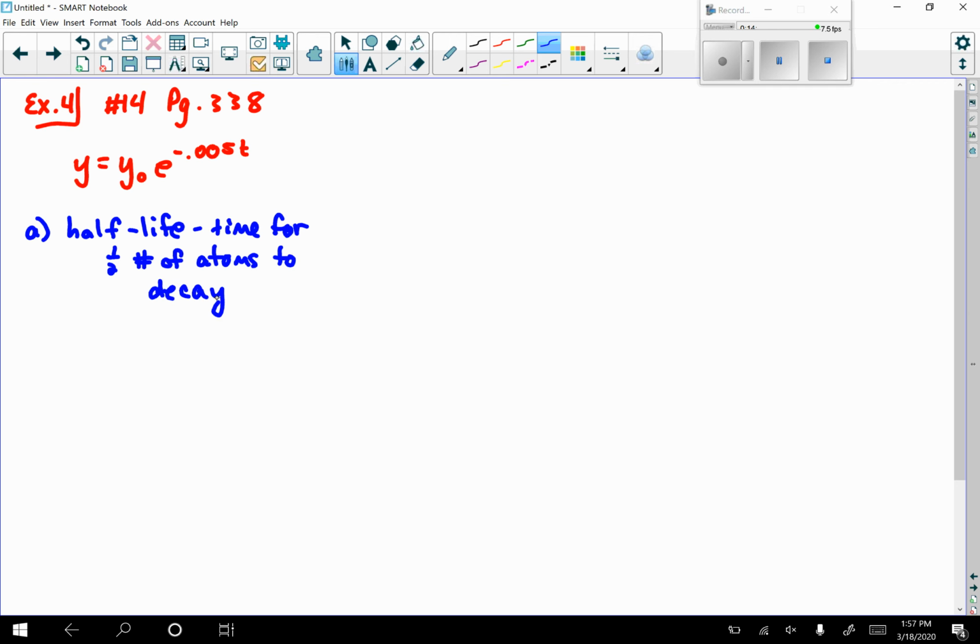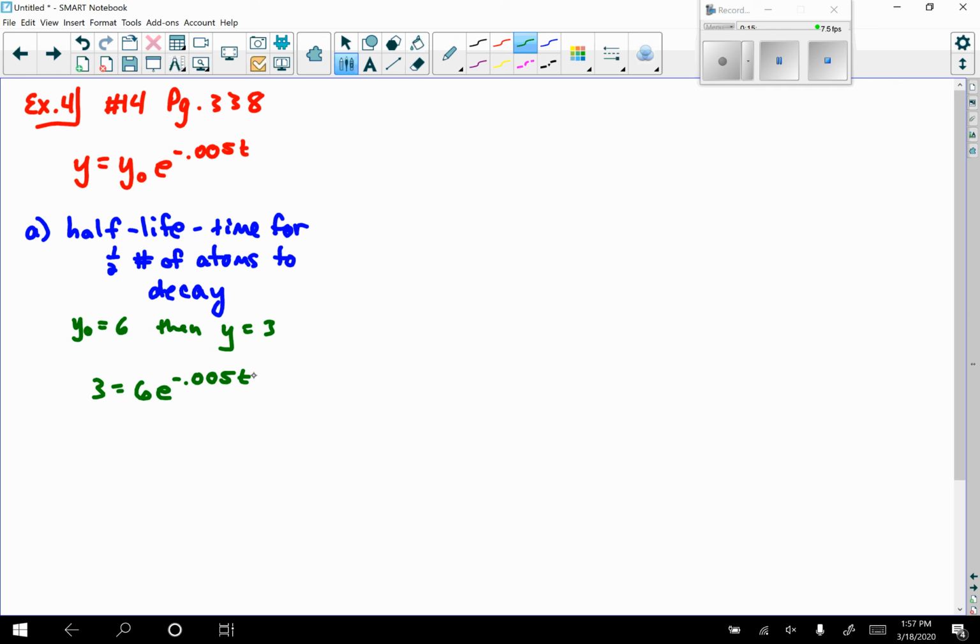Now we don't know how much is there to begin with, so we could just pick arbitrary numbers here. So if we let the initial amount, say, be 6, then y is going to equal 3. So we could set this up as 3 is equal to 6 times e to the negative 0.005t.